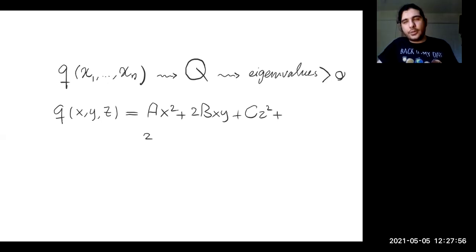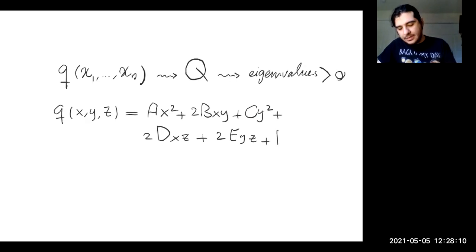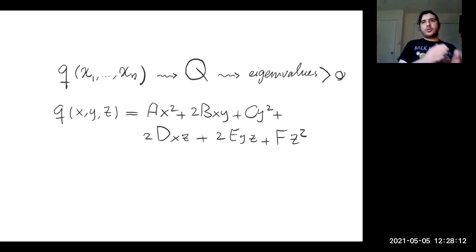Okay, plus 2dxz. Sorry, this was y. Plus 2dxz plus 2eyz plus fz squared. So we should have all multiplication of x, y, and z, 2 by 2 multiplications.